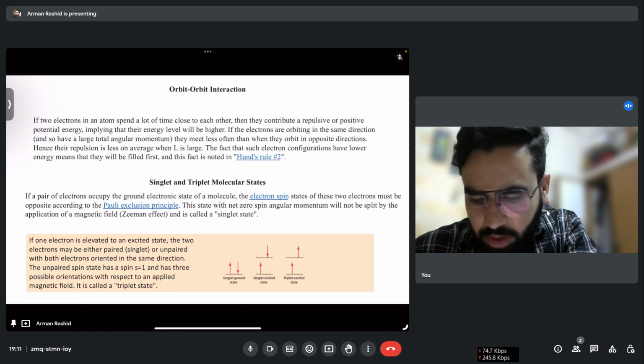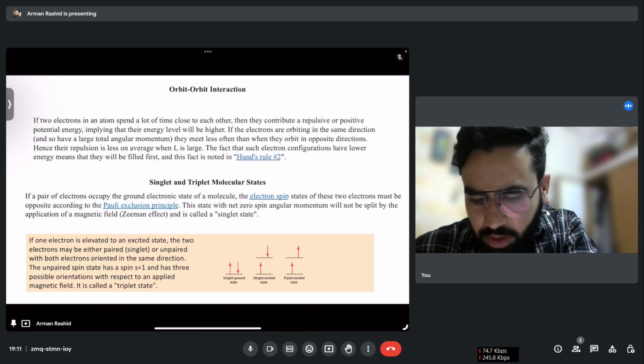So for example, since we know that electrons are fermions, they should have an antisymmetric wave function. That is Pauli's exclusion principle. Now if the two electrons are parallel to each other, that means the spin orbital is the same.